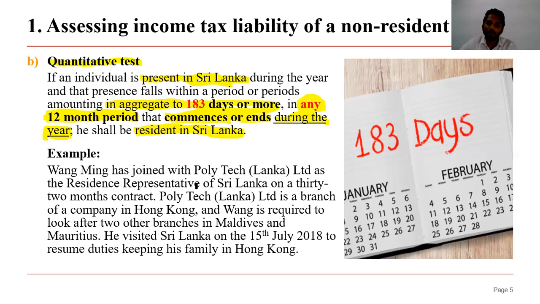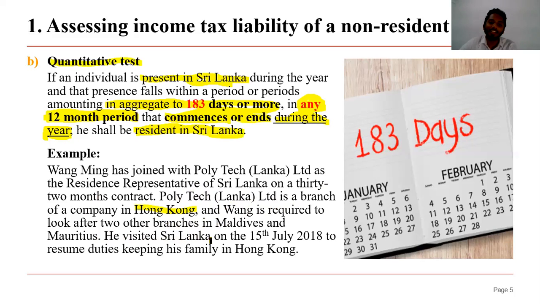He is the resident representative. Polytech Lanka Limited is a branch office of Hong Kong, right? He is also required to look after two other branches in Maldives and Mauritius, so he will look after these branches as well.